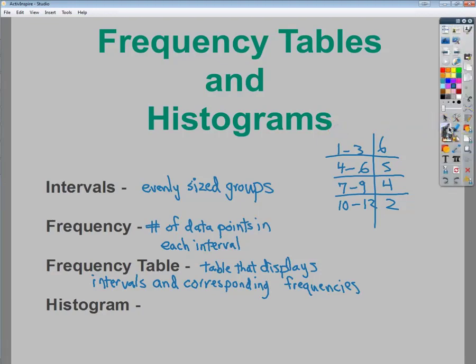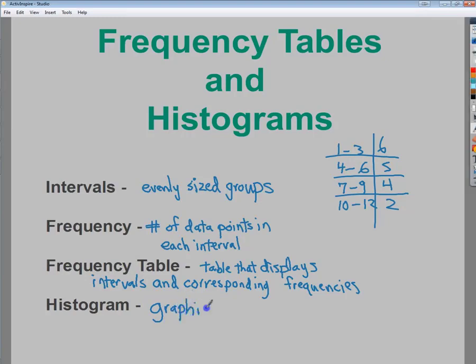A histogram is just a graphical representation of a frequency table.